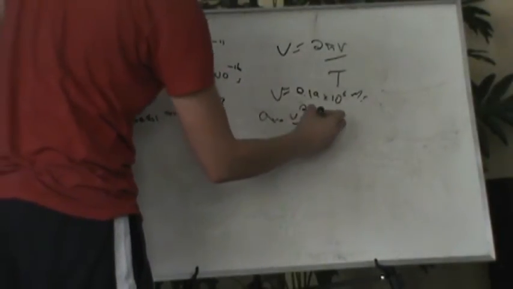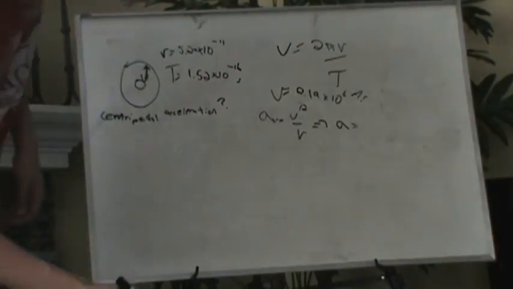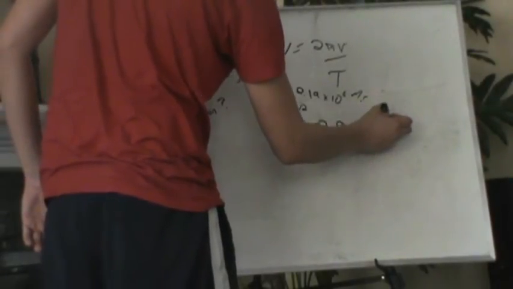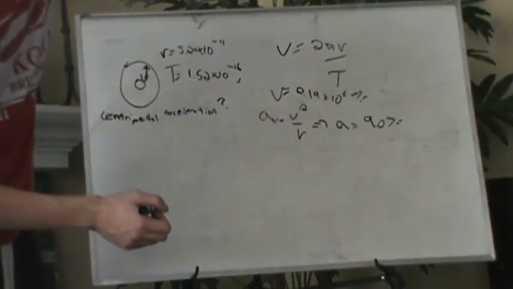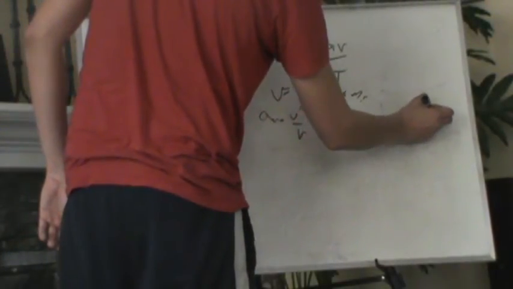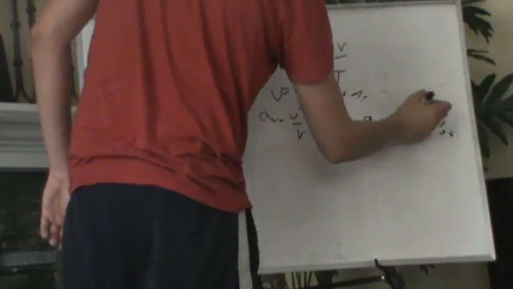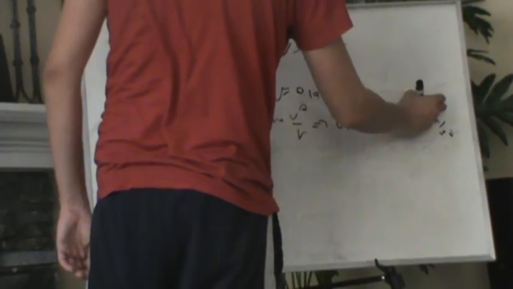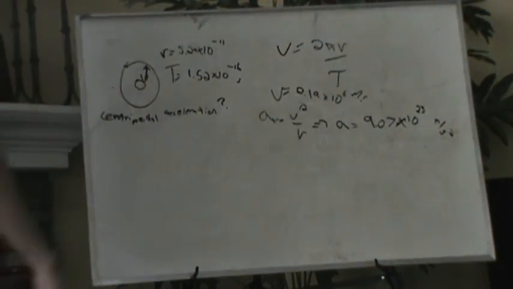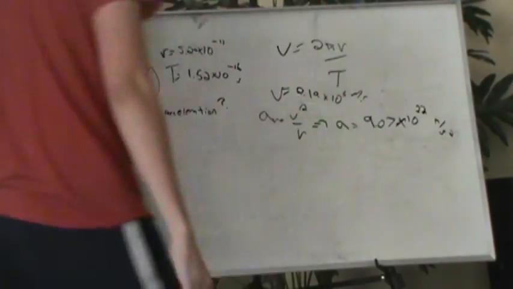So once you calculate all that, your a is simply, and it's going to be a big number, so don't be surprised if it comes out big, because it is a big number: 9.07 times 10 to the 23rd meters per second squared. Oh, I'm sorry, 22nd. I screwed up. Sorry about that.